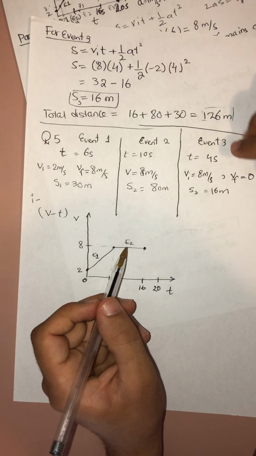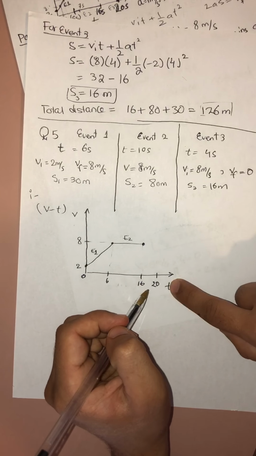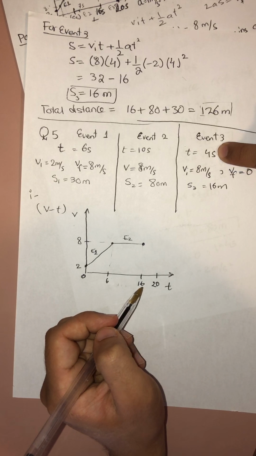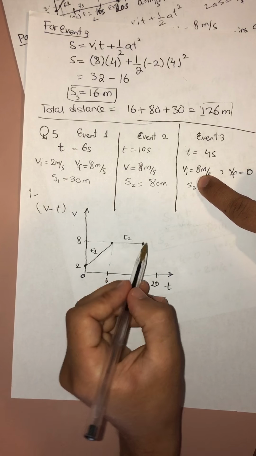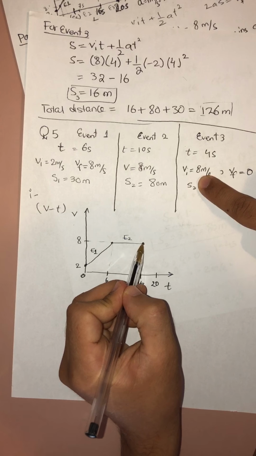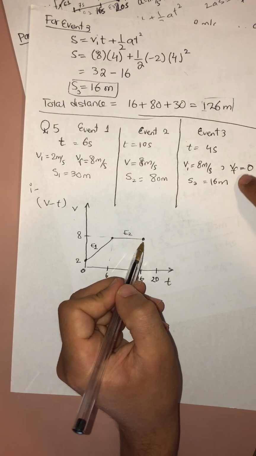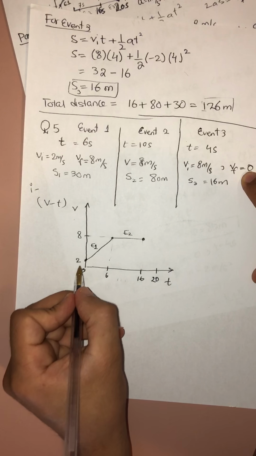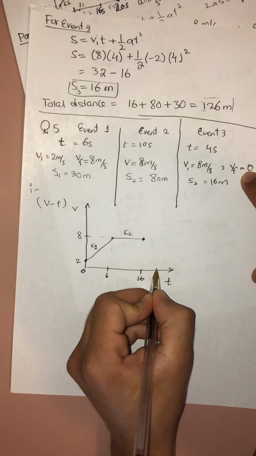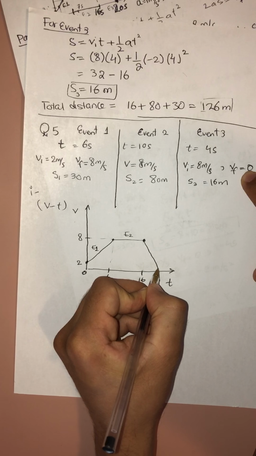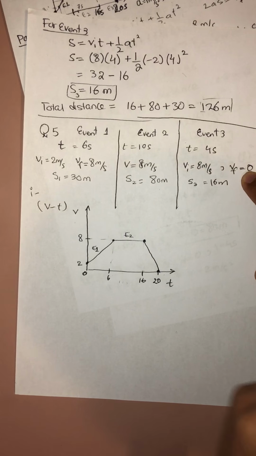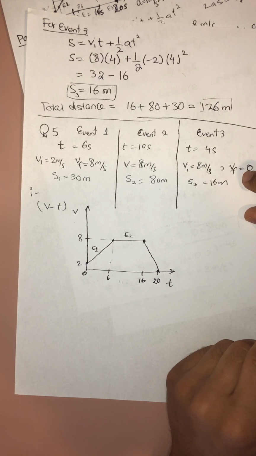From 16 to 20 seconds, that means for another 4 seconds, our initial velocity is 8, which is of course given, and our final velocity is 0. So this is the final velocity, and it will reach this point. So this is the velocity time graph.